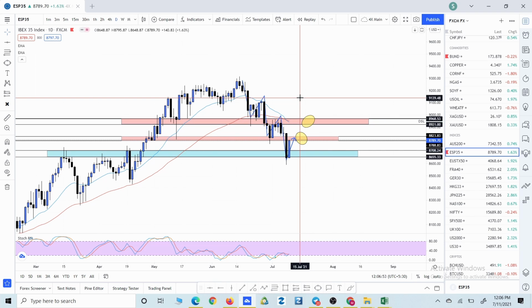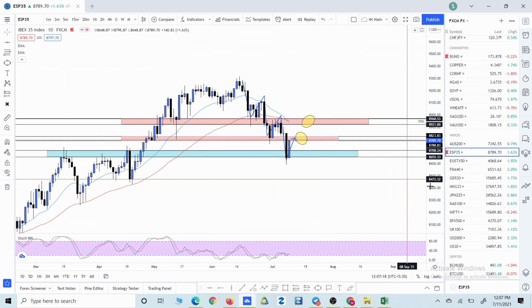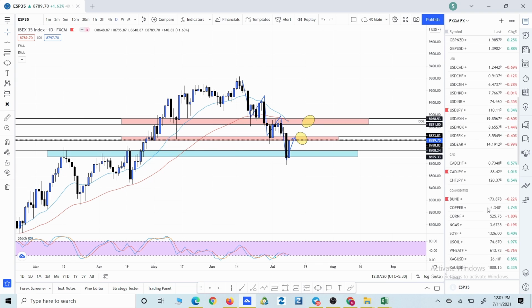For the confluences, of course, 20 EMA is below 50, one confluence, and the second confluence is both EMAs are going to act as a resistance to the price once the price approaches this zone. Fibonacci we don't have, guys, because the retracement is 100%. So this is the opportunity on the ESP35 as well.